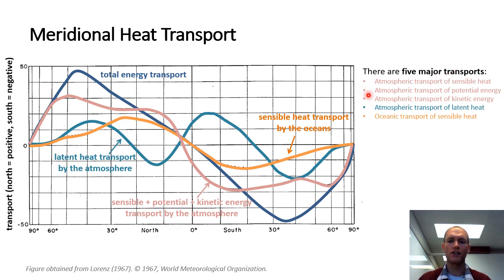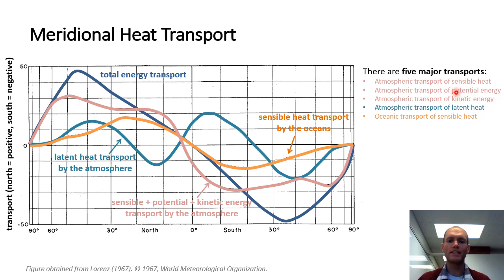The purple lines, the pink line, indicates 3 separate terms: the atmospheric transport of sensible heat, the atmospheric transport of potential energy, this is related to the gravitational constant times the geometric height, z, and the atmospheric transport of kinetic energy, and this is closely related to the wind speed.